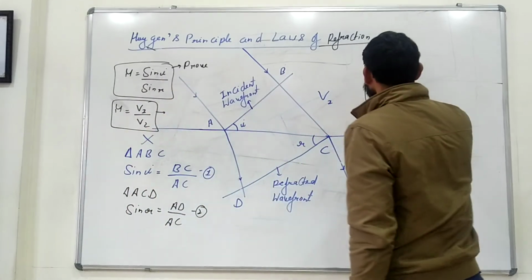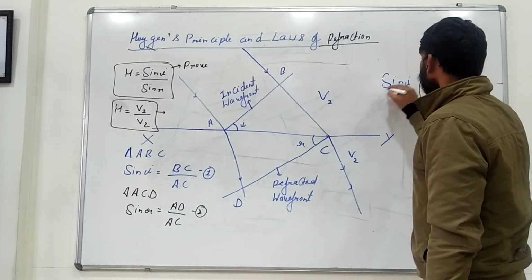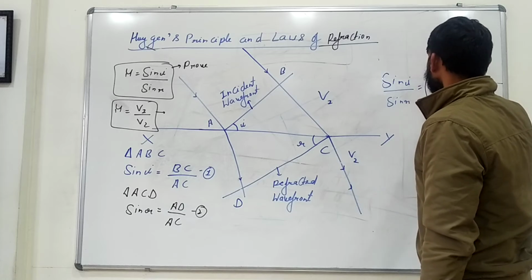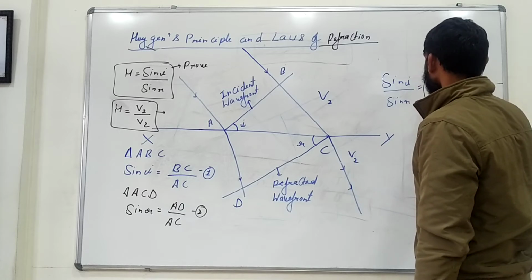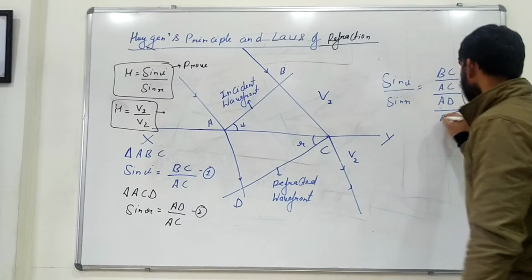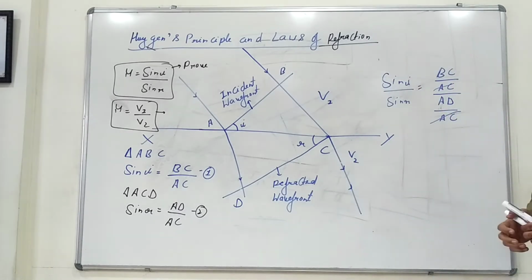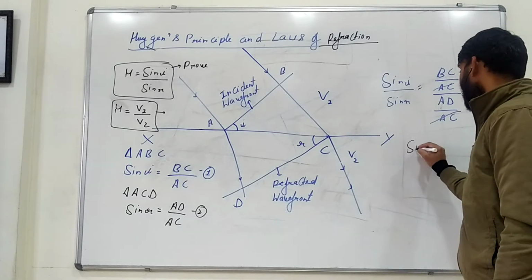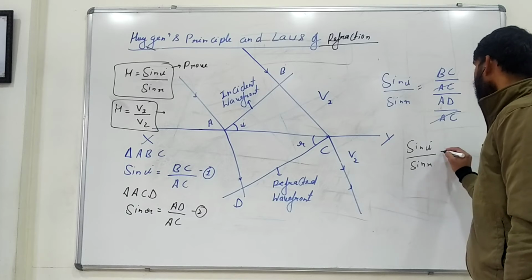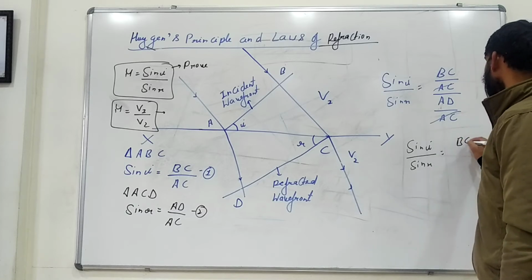If you do that, sin I by sin R is equal to BC upon AC divided by AD upon AC. This AC cancels, and we are left with sin I upon sin R equal to BC upon AD.